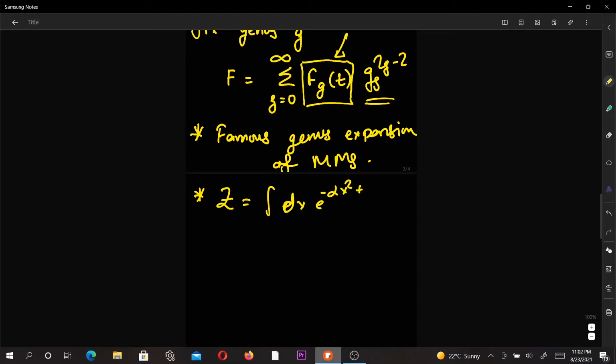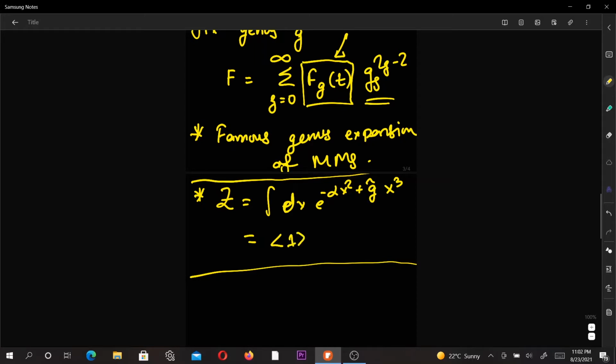For example, if you remember, in the one-dimensional case, we have expanded in powers of the coupling, or if we call it g_s, so that it's better to understand, in powers of, let's say, g_s squared and so on.